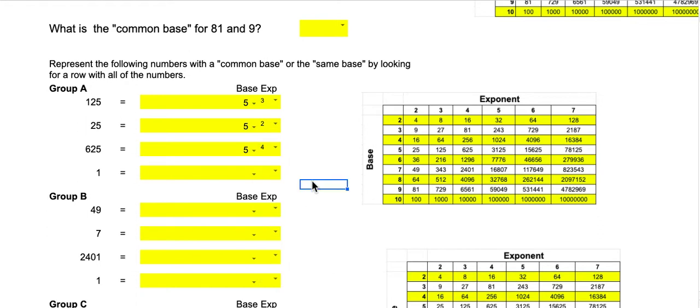Now, here's something that you may not know, but anything like 100 to the exponent of 0, I'll just make a point of looking at this.